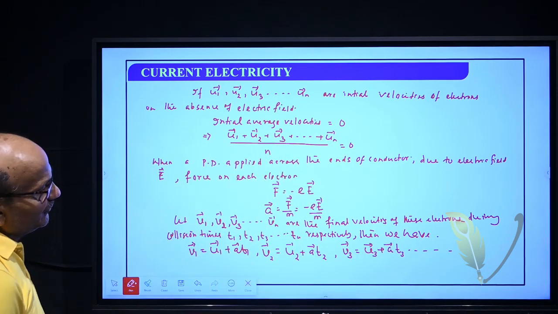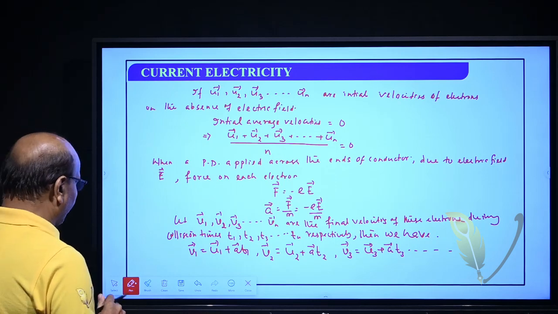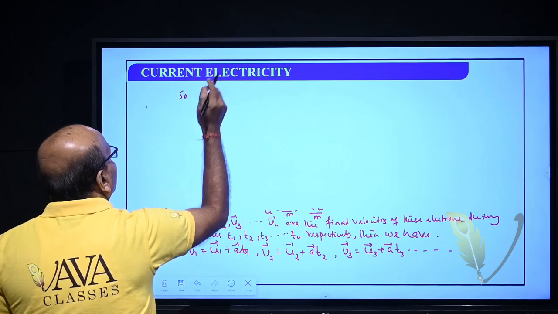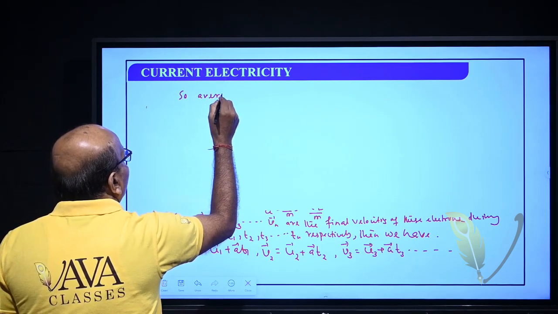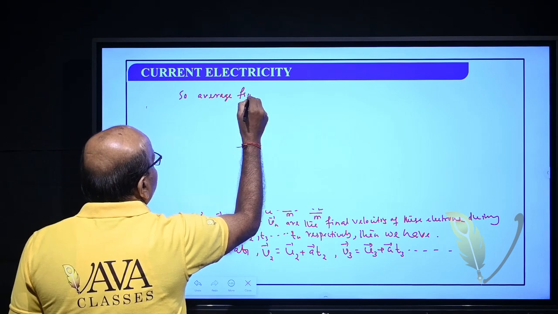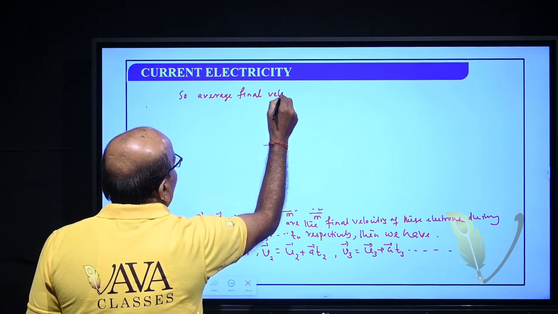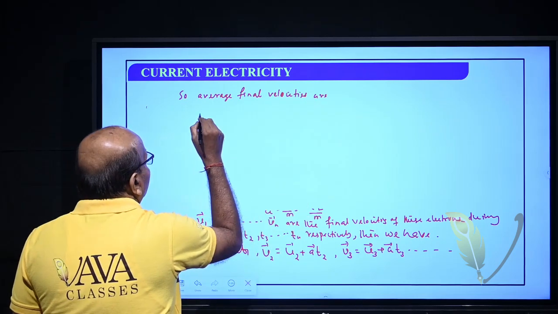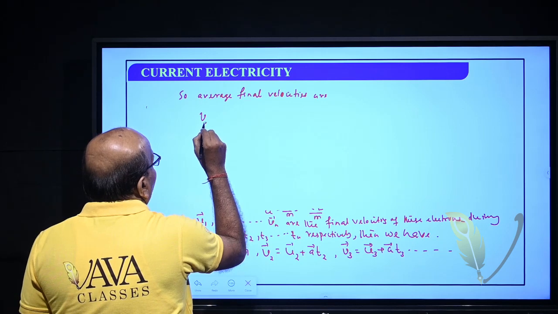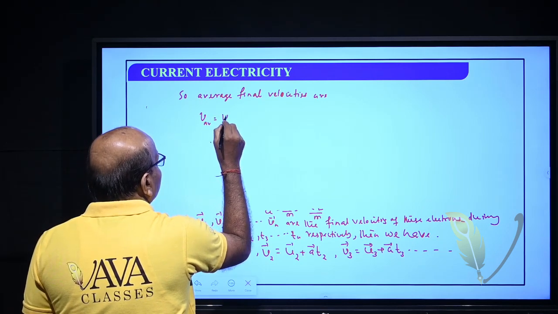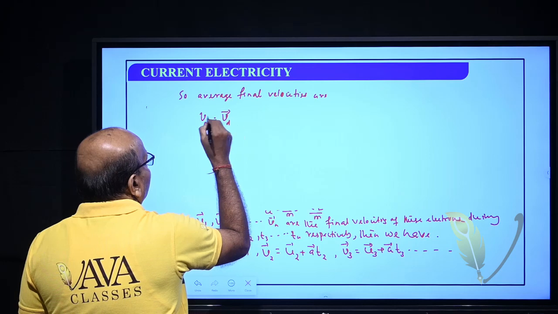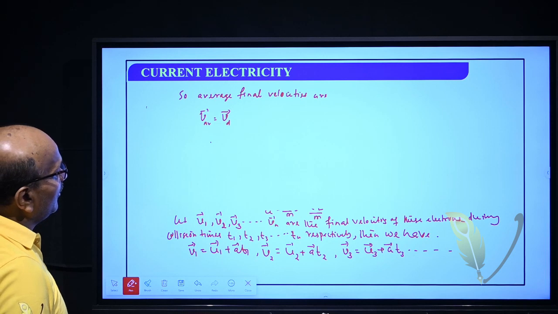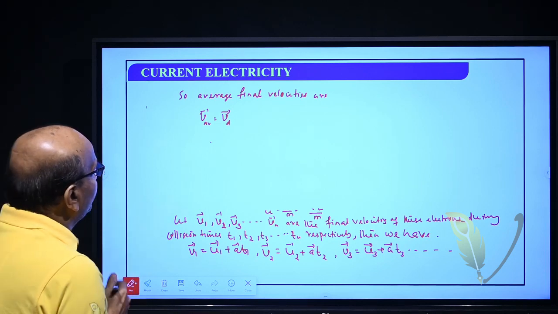Taking the average of these velocities, the average final velocity is called the drift velocity. The average final velocity gained by the electron is called drift velocity.